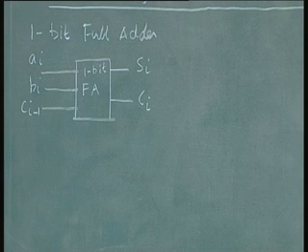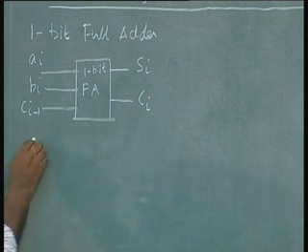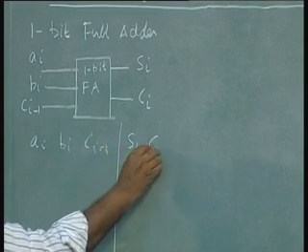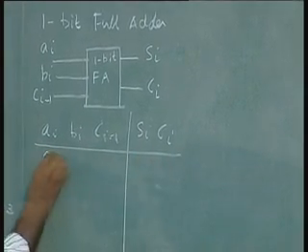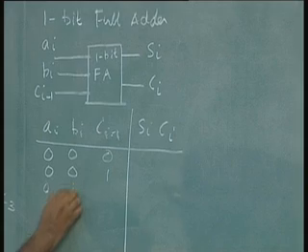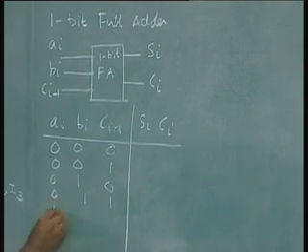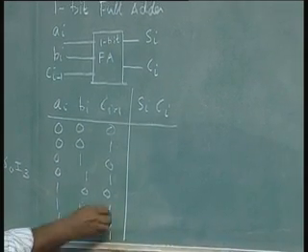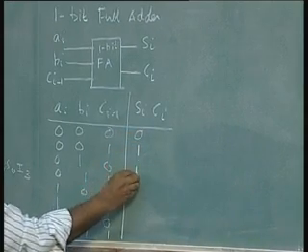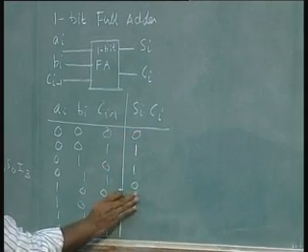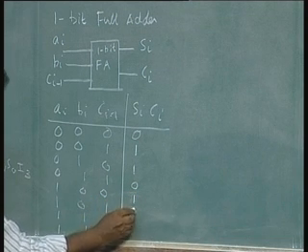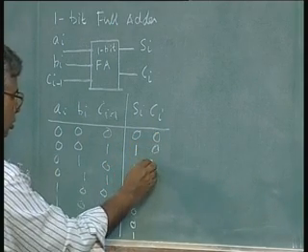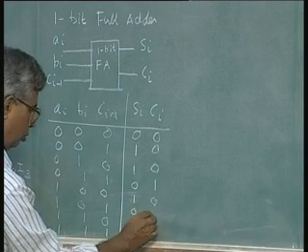This is a 1-bit full adder, and all of us know the truth table for this. Ci would be 0, 0, 0, 1, 0, 1, 1, 1.